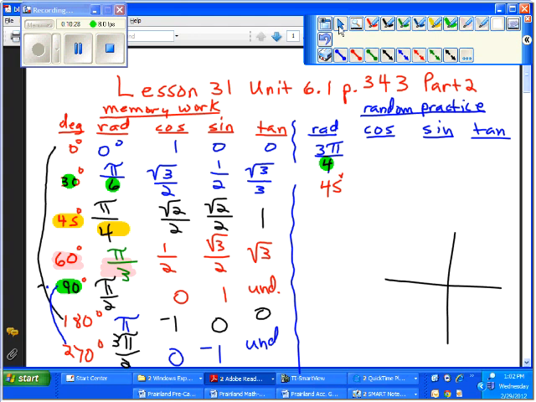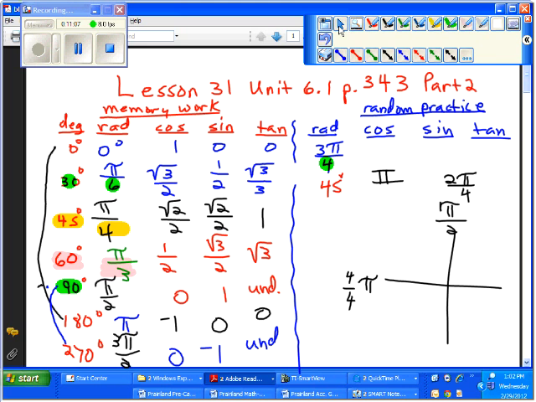If I went to pi, how many fourths would that be? 4 fourths. If I was at pi over 2, which is 90, how many fourths would that be? 2 fourths is a half, right? So I'm thinking, okay, 90 is pi over 2, 180 is pi, my denominator is 4, I need to be thinking in fourths. Pi over 2 is 2 fourths, pi is 4 fourths, I've got 3 fourths, I'm somewhere between 2 fourths and 3 fourths, and so I'm in quadrant 2.